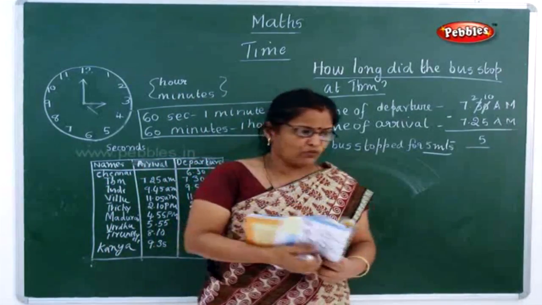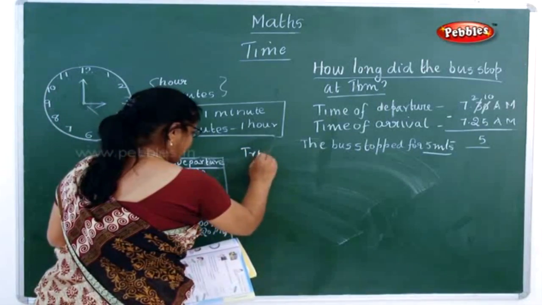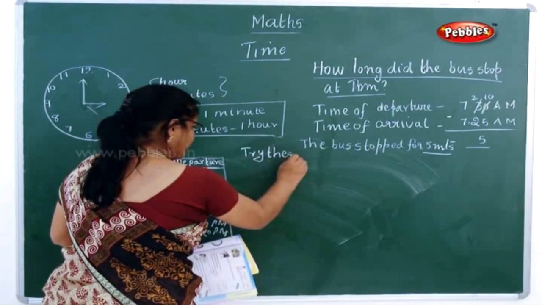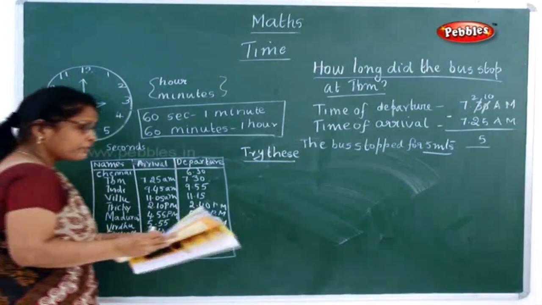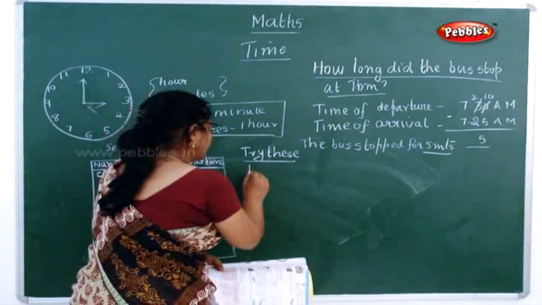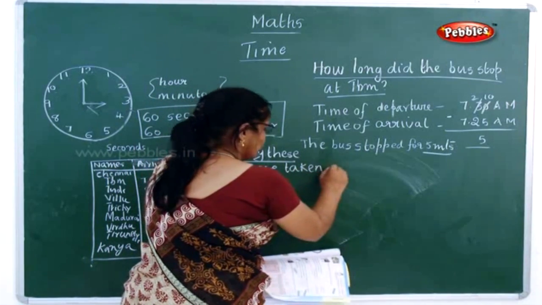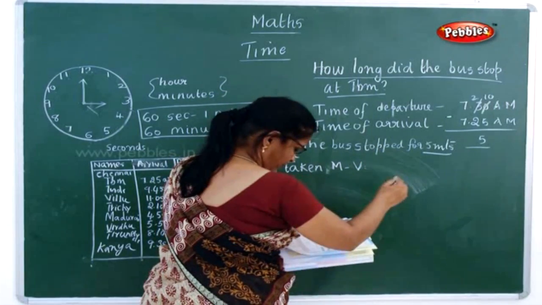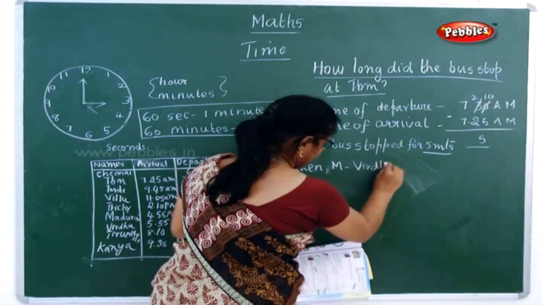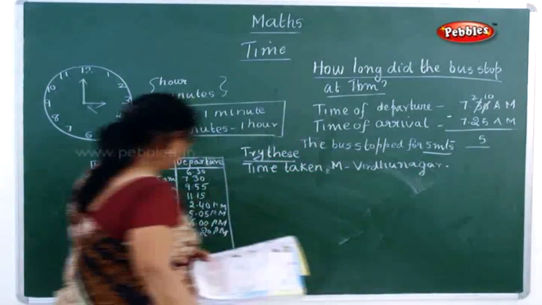Now, next question. One more question. It's given, try this. With this itself you have to find. With the schedule, there are a lot of questions given in your book. See, the next question is, what is the time taken from Madurai to Virudhunagar?